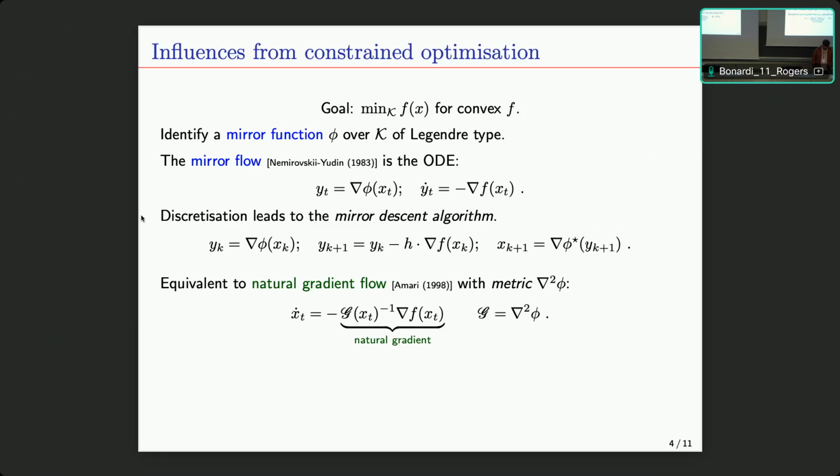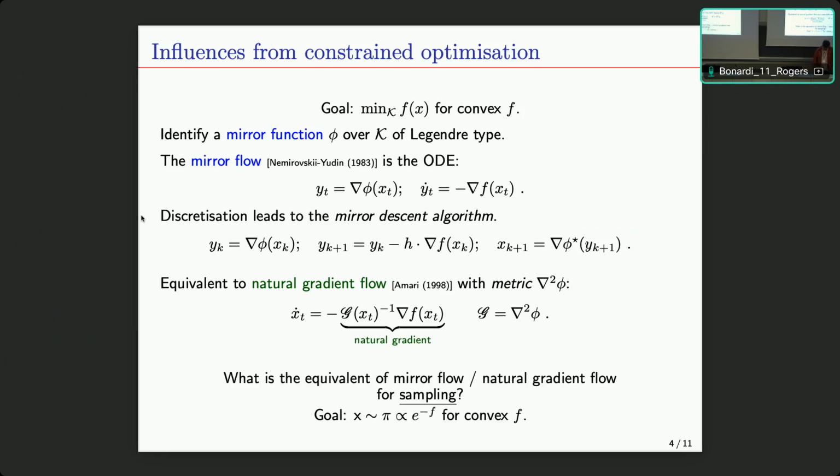This is equivalent to the natural gradient flow with metric given by the Hessian of phi. And the question here is, what is the equivalent analog of the mirror ODE and the natural gradient flow ODE for sampling?